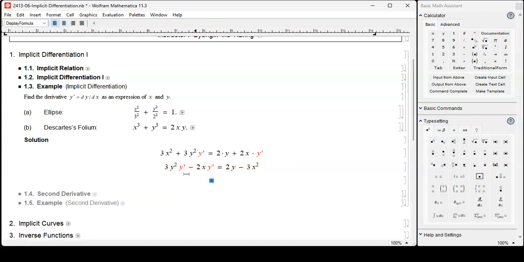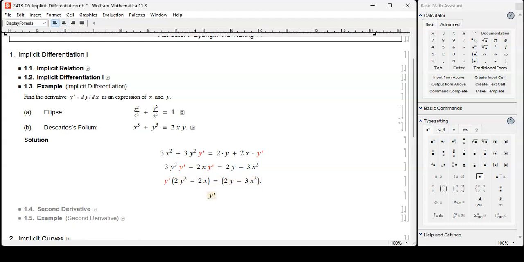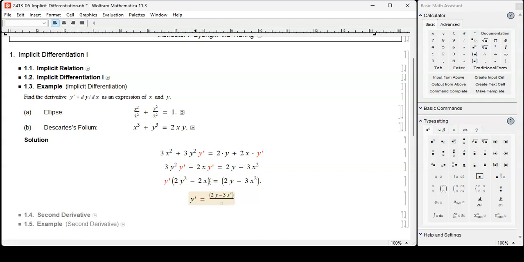Okay, and then I factor out y prime, 3y squared minus 2x, 2y minus 3x squared. And then finally, y prime is this one, divided by this.